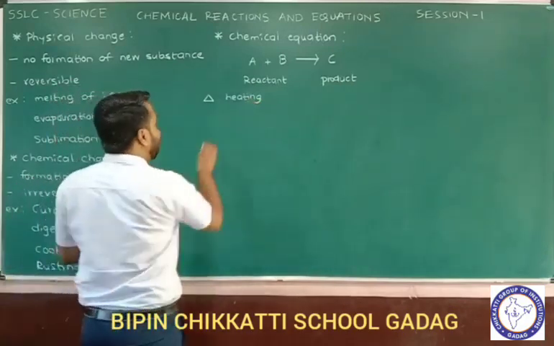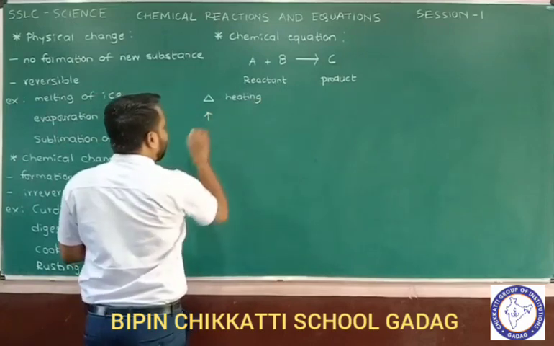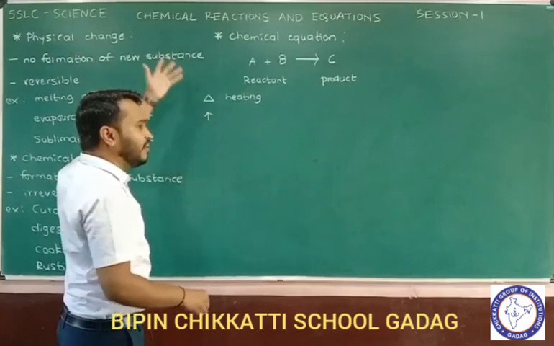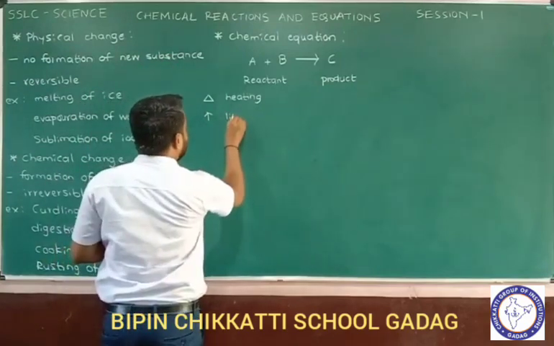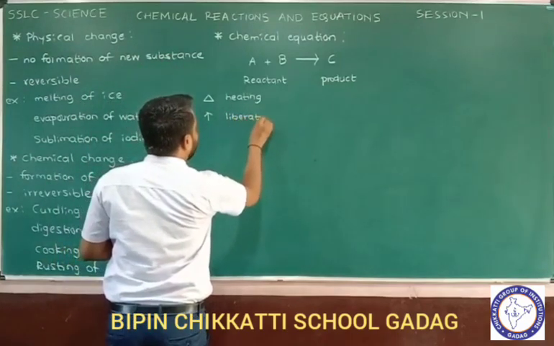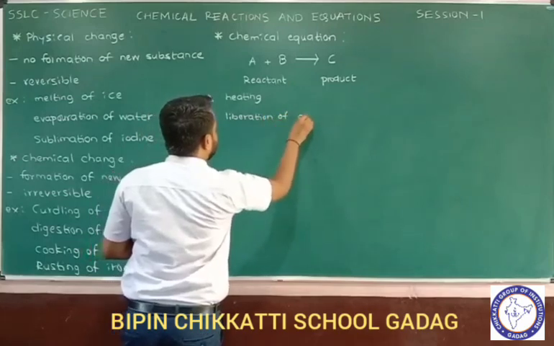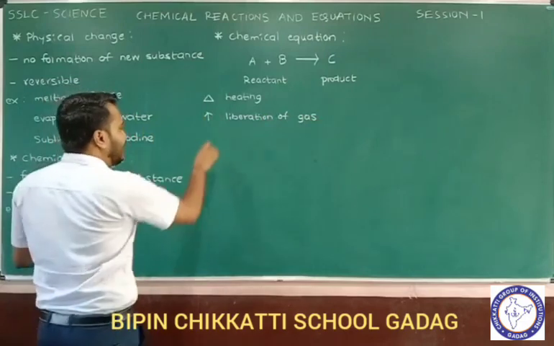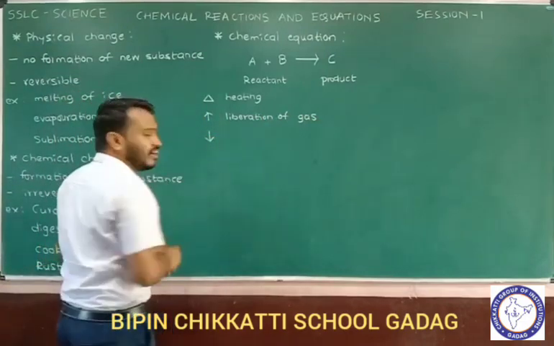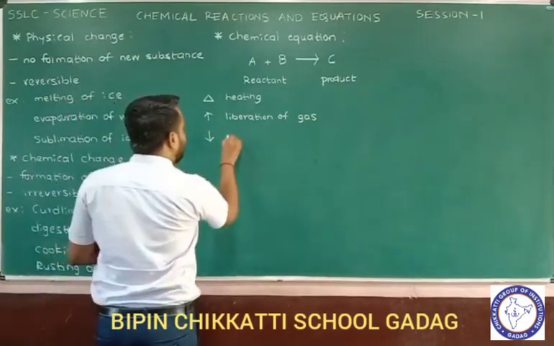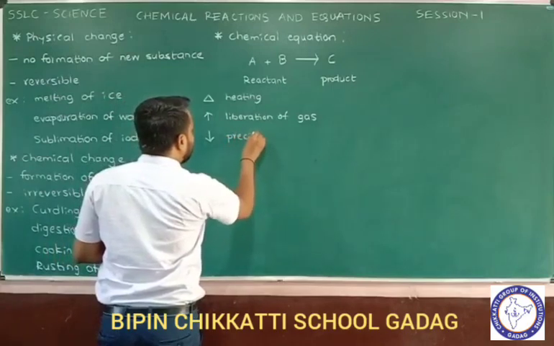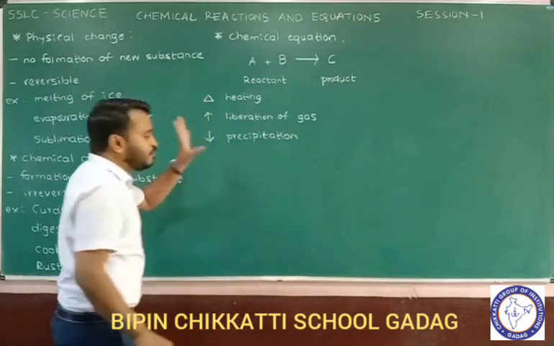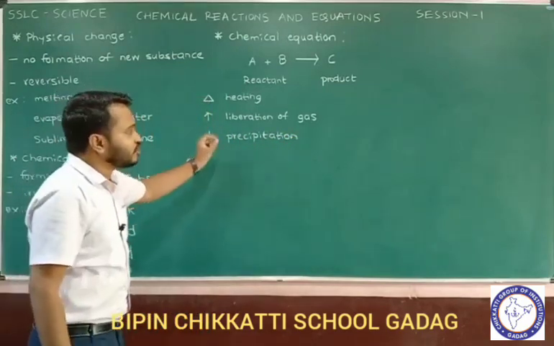If we use the arrow mark pointing upwards, that shows there will be liberation of gas, evolution of gas. And if I show the arrow mark pointing downwards, we call it precipitation. Precipitation is nothing but formation of a solid.